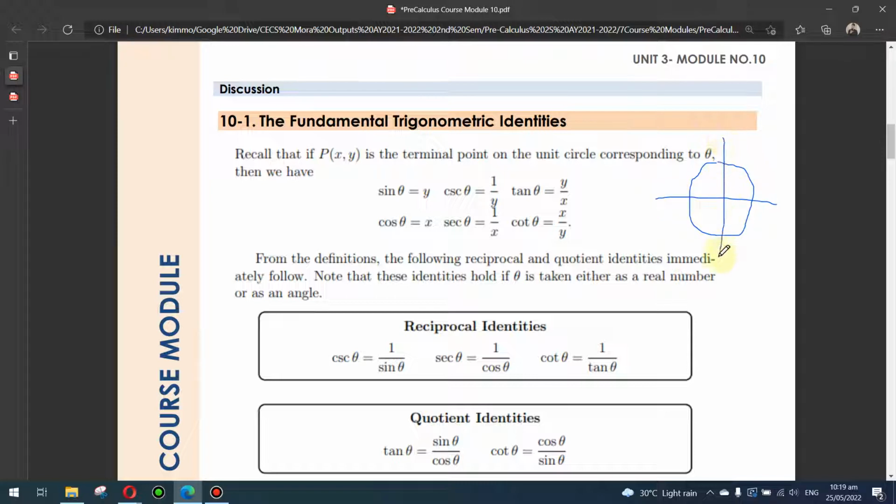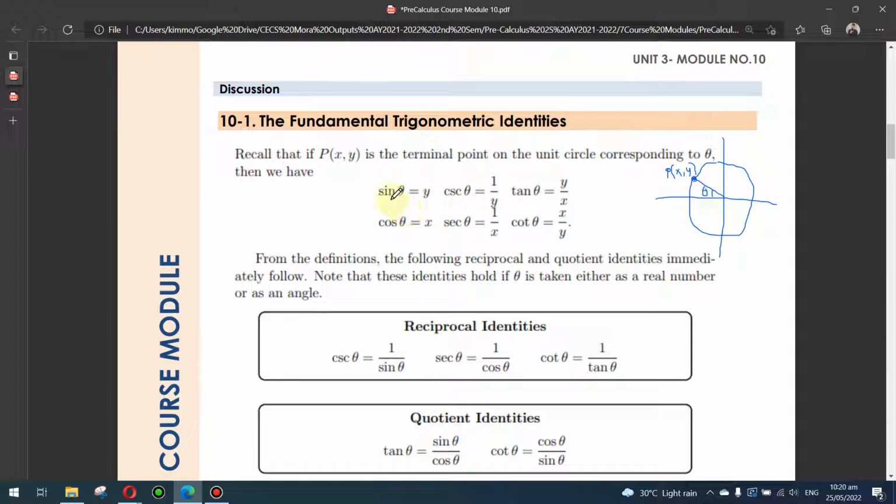So this is our unit circle, and this point is P of x and y, that corresponds to this angle.